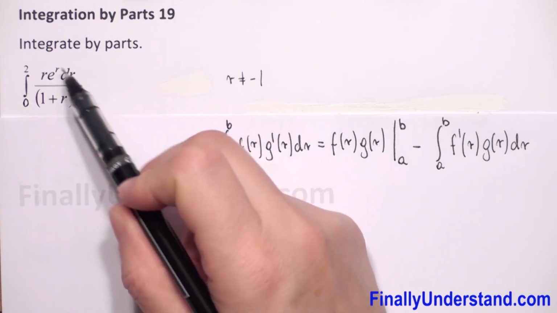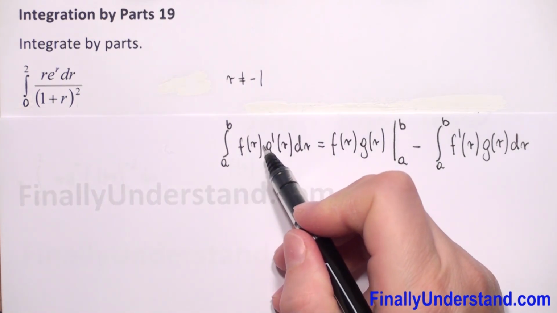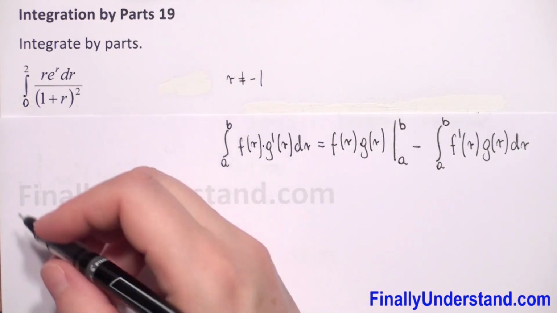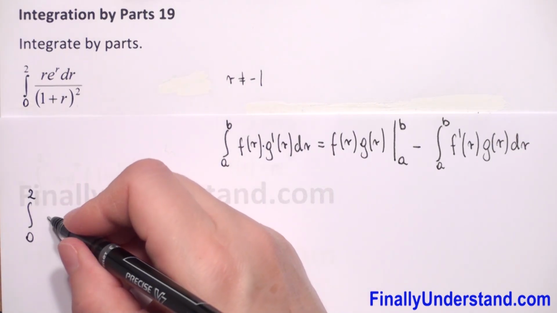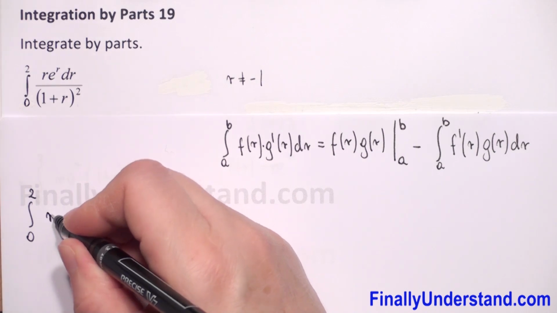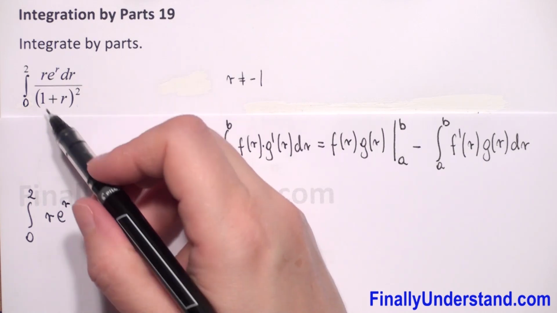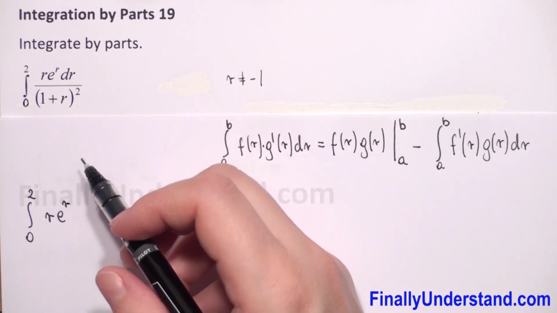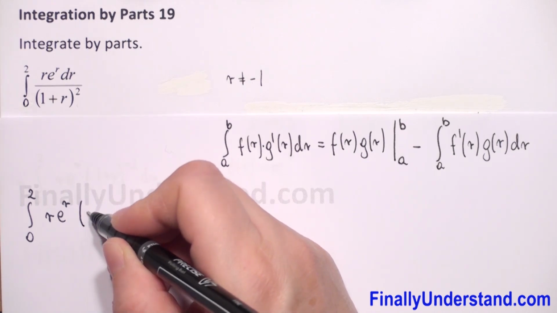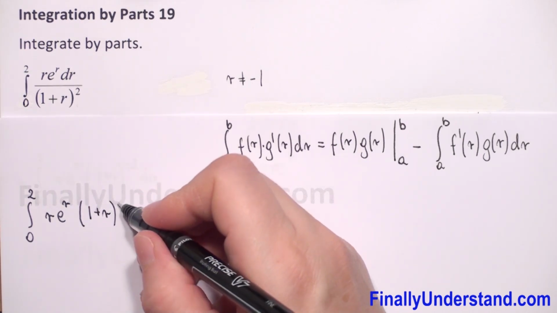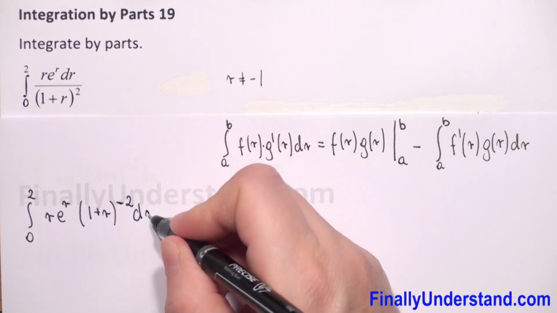So first let me rewrite this expression as a multiplication, because we need to have multiplication to use this formula. We have a definite integral from 0 to 2, and we can rewrite this as r times e to power r, and we will take this whole expression in the parentheses to the numerator, so it will be times 1 plus r to power negative 2, and we have integral with respect to r.